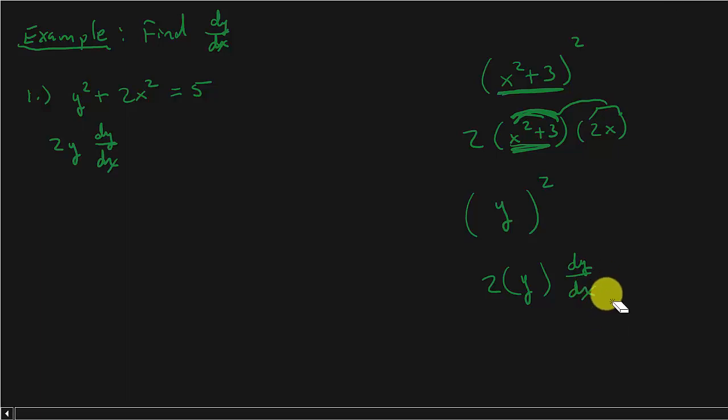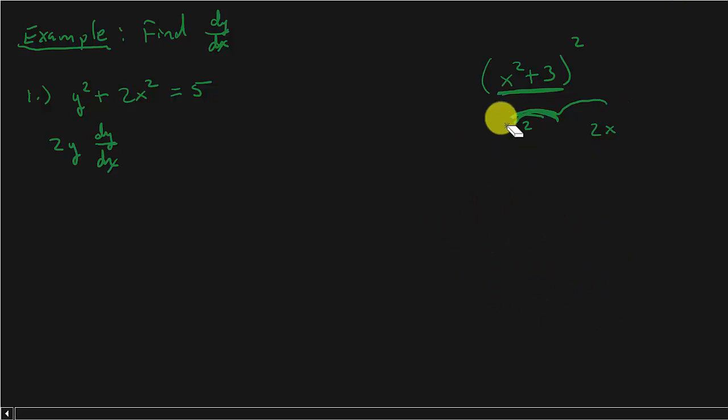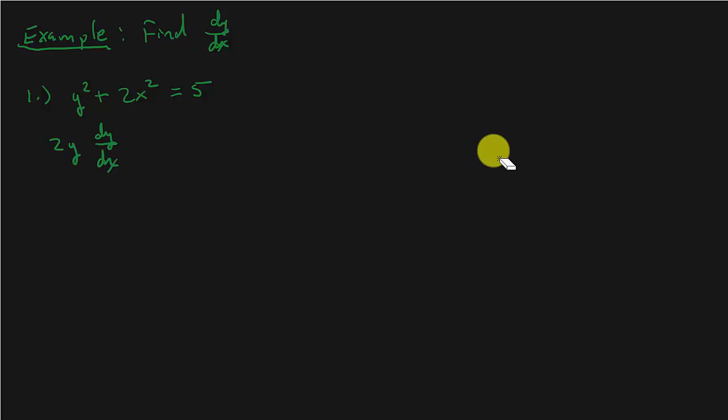So the easy way to remember it is: take the derivative just like you always do, using all those properties you've learned. Take the derivative just like normal, but whenever you take the derivative of the y term, you tack on a dy/dx. That's all it is.